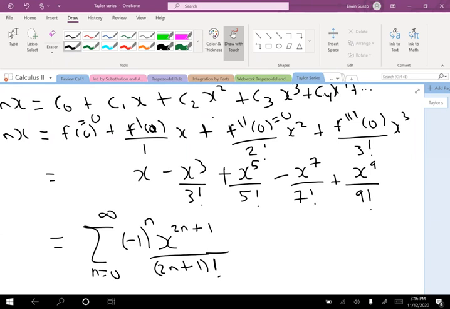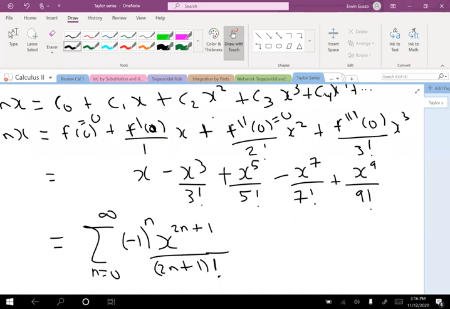When I get to the fifth power, is this right or no? Minus 5. No, x to the 5th. I had to fix it.